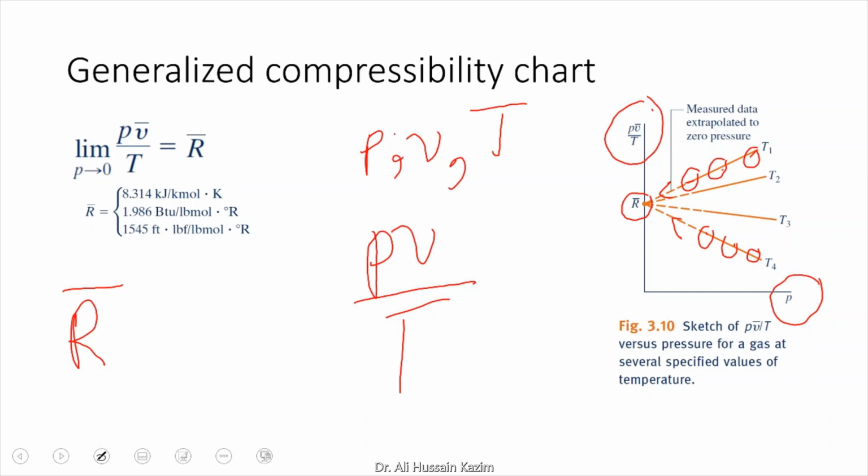So this is how the universal gas constant arrived: the scientists did experiments, found pressure, volume and temperature for different gases, plotted that ratio with respect to pressure, and found that all the gases intersect the y-axis at the universal gas constant.